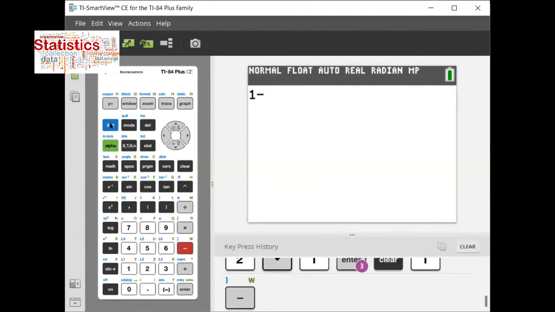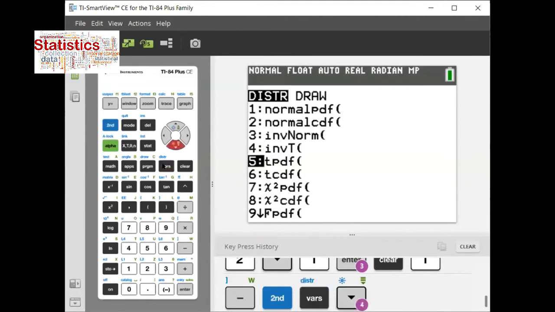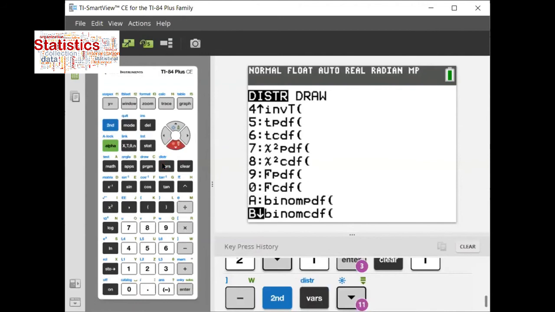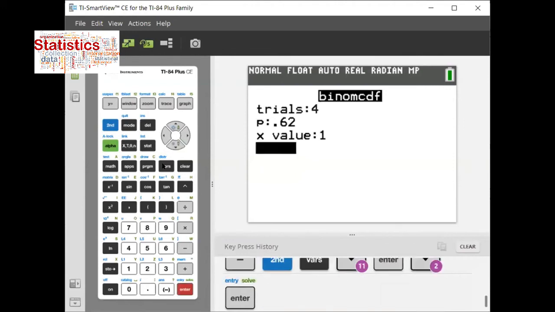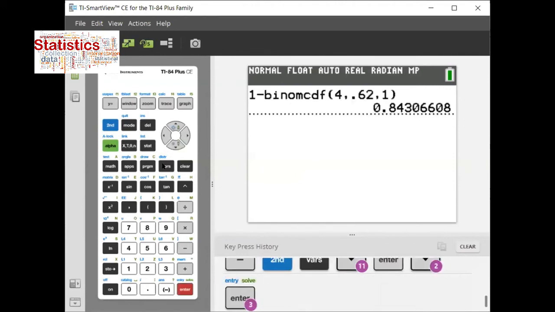So second, vars, you have to find binomial CDF, enter. The number of trials is 4, probability is 62%. And remember that since it's less than, you have to write 1. Enter, enter, enter. And as before, we got 84.3%.